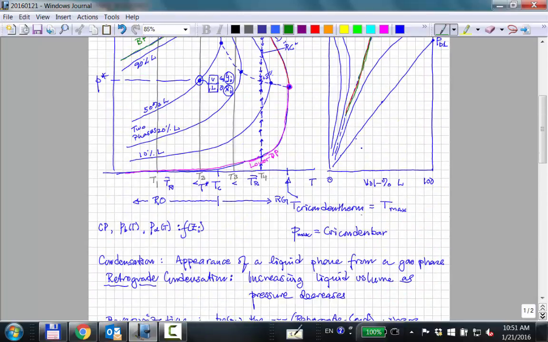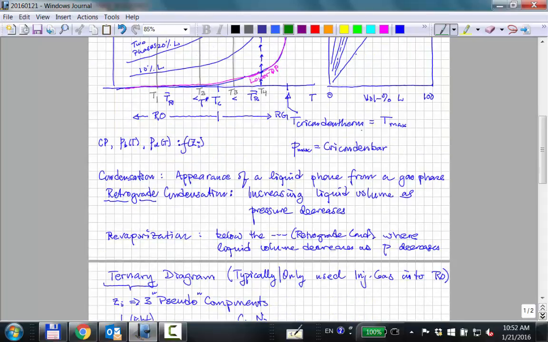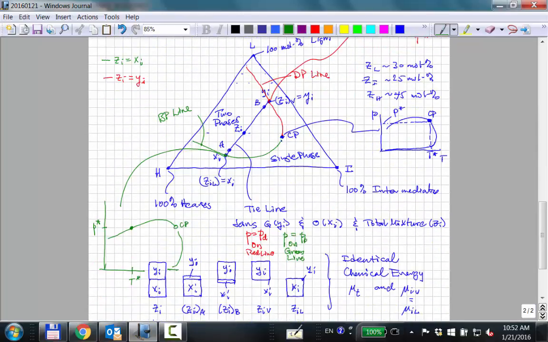That means the pressure temperature diagram has to look something like this, where P star T star is inside the diagram. And that one special composition here, where the dew point line meets the bubble point line, that's a critical point. So that composition, if you draw its PT diagram, its critical point will be P star and T star.